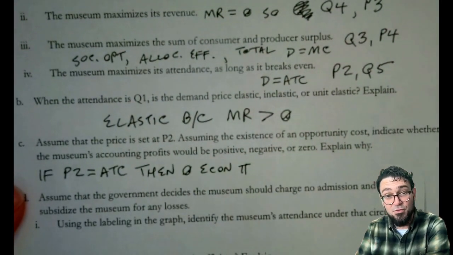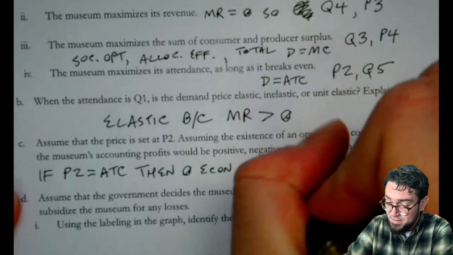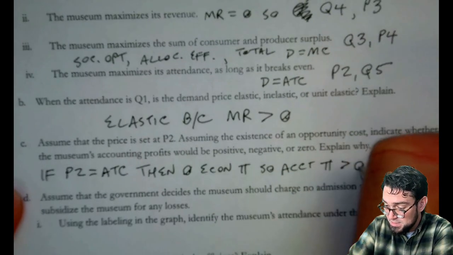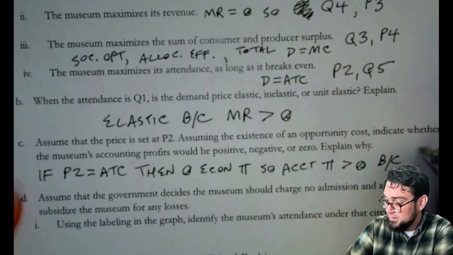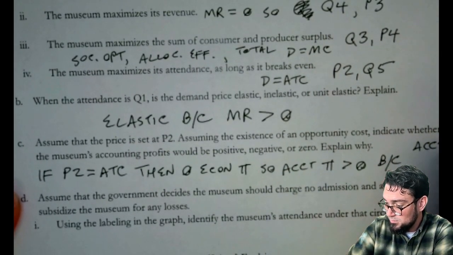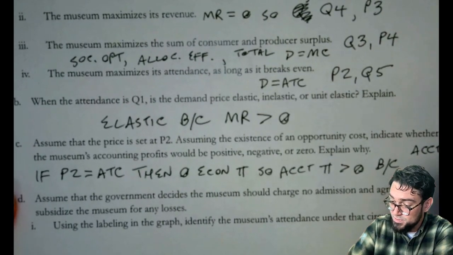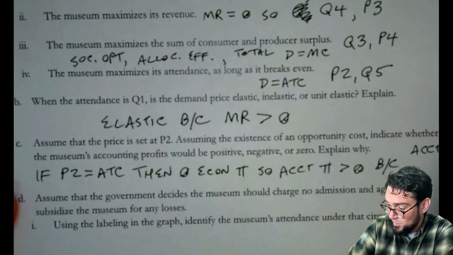I know that must be true where price equals the ATC. So the accounting profit must be greater than 0 because accounting minus the implicit equals the economic profit.